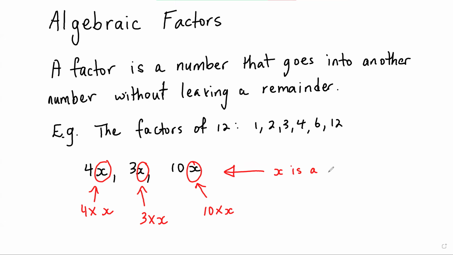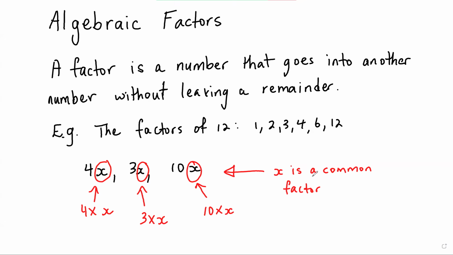X is a common factor, right? Because x can be divided into any one of those terms. Just like with regular numbers, where the factors of 18, for instance, would be 1, 2, 3, 6, 9, and 18, similarly you can have algebraic factors, right?